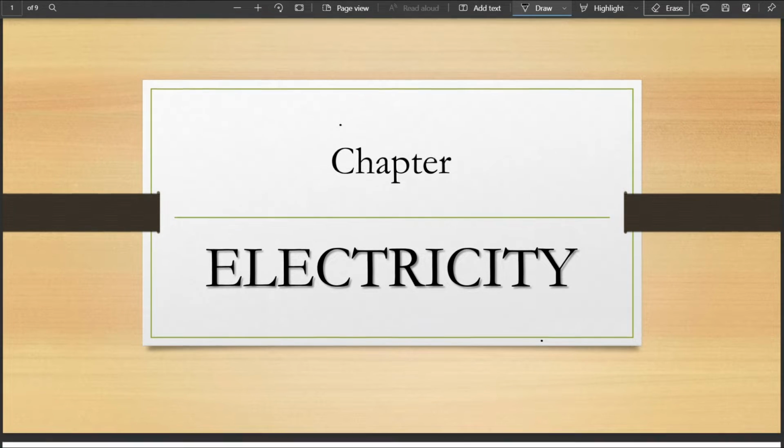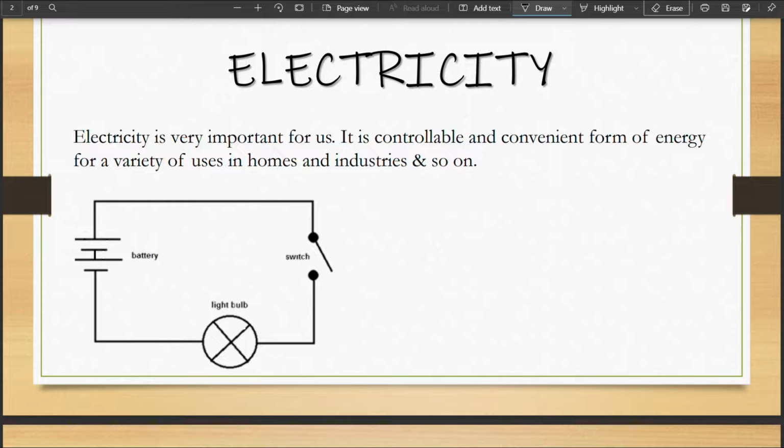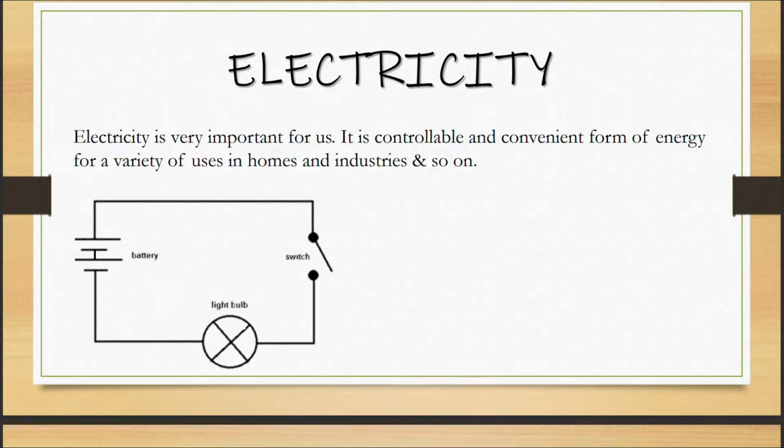And if I want to talk about electricity, we must know that definitely there is a circuit. A circuit is nothing but a closed path in which the charges flow, and that's why we call it an electric circuit. Now, as you can see, I have shown a circuit with 5 components.